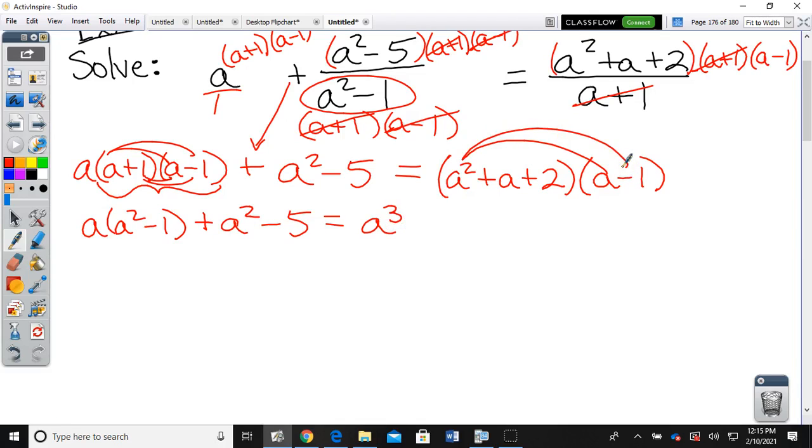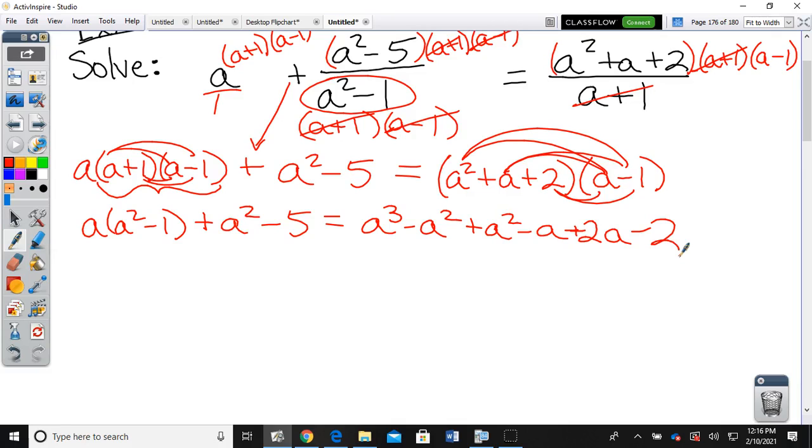A squared times negative 1 is negative a squared. A times a is positive a squared. A times negative 1 is negative a. 2 times a is positive 2a. And 2 times negative 1 is negative 2.